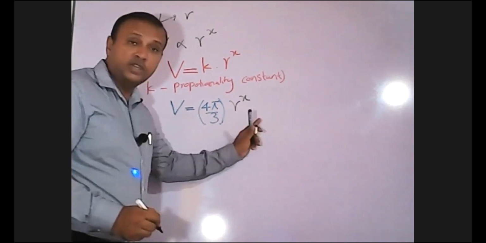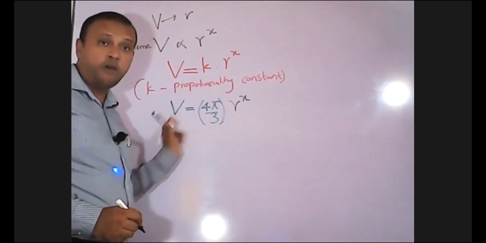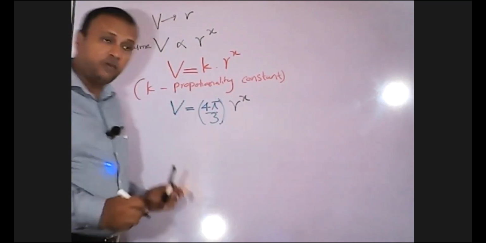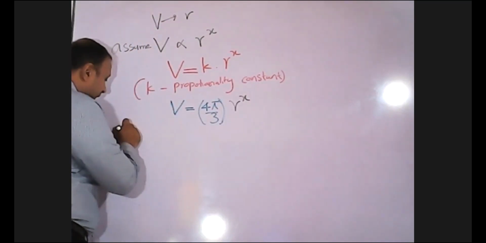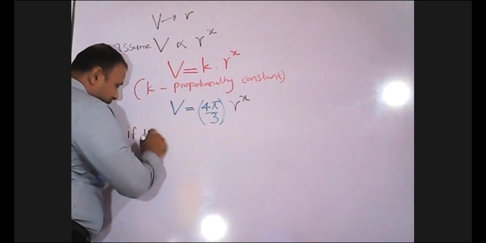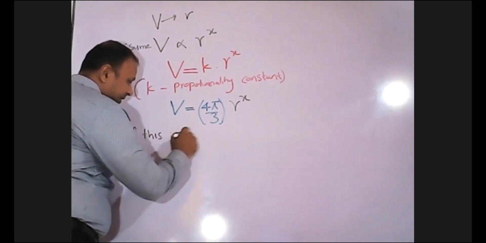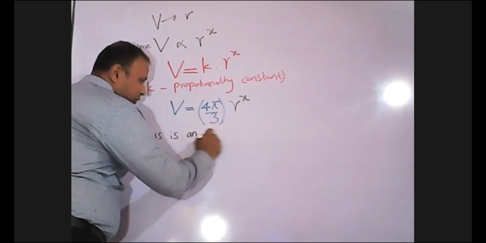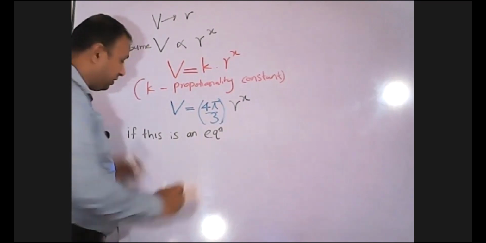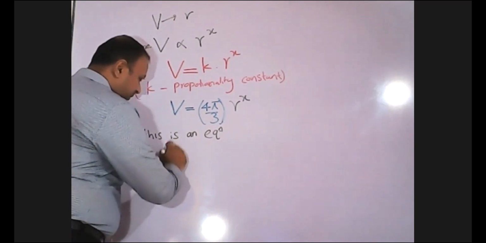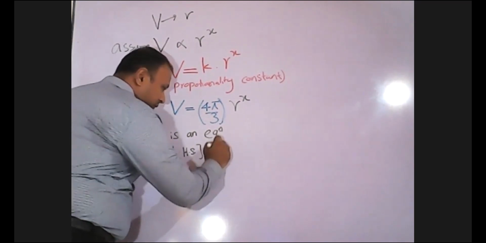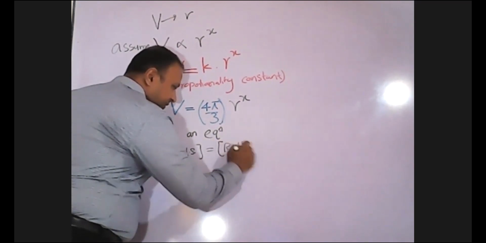If it is an equation, both sides should have the same dimension. This is my next argument: if this is an equation, the dimension of LHS should be equal to the dimension of RHS.